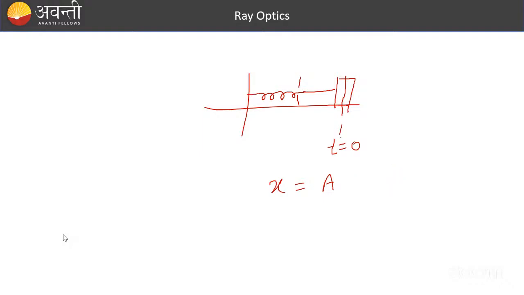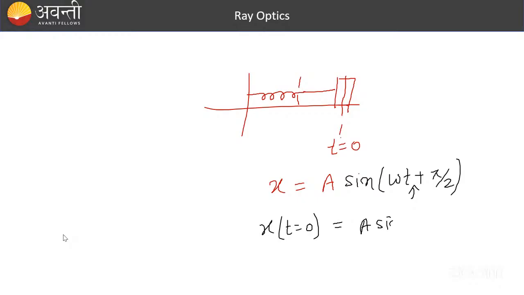Sine, चलो let's write the sine itself. So here what I'm going to do is a sine omega t plus pi by 2. ठीक है? So if you calculate x का value at t equal to 0, you will put here t equal to 0, you will get a sine pi by 2, which will give you a. So initially body is at extreme position. So this displacement is equal to a.